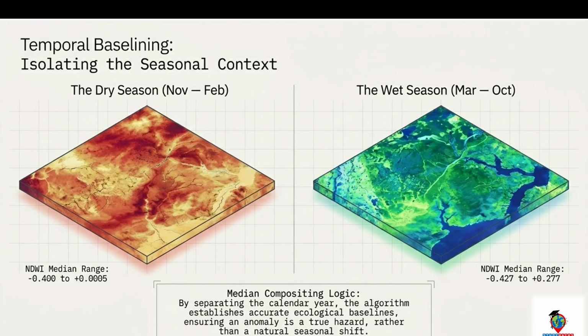So basically, we can run this code two times. The first time we predict the drought for the dry season, and the second time for the wet season. So we create two different maps: the first map for dry season drought hazard condition, and the second map for wet season hazard condition.